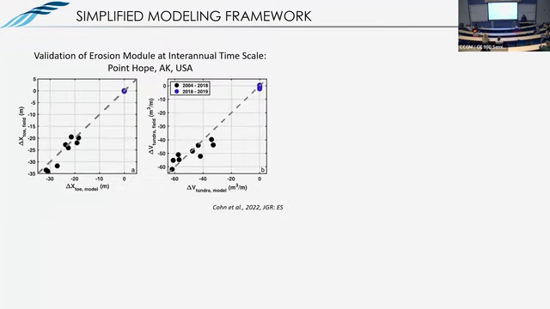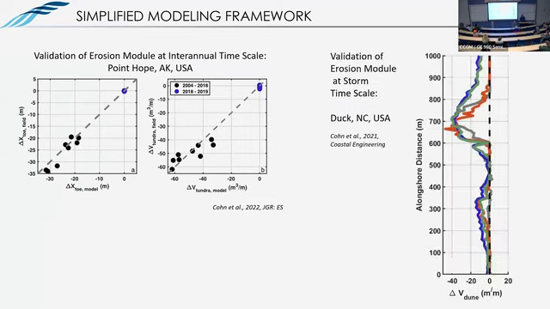So just want to point out that we've been validating the erosional engines a little bit, to a degree, the accretional engines. So we've done some work up in Alaska, showing some validation here of this empirical approach over decadal scale. And actually applied to data where I work in Kentucky, North Carolina. These empirical models actually did better at this storm time scale than process-based models like X-Beach and Seashore, which is a core developed model.